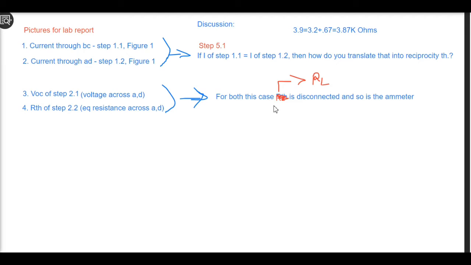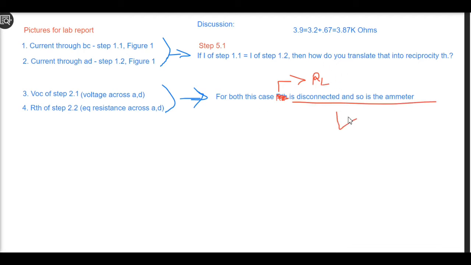It's just a way to calculate the current passing from one node to another, so the ammeter is out of the equation here. But the load, which is RL, is the terminal you have to focus on. While calculating and measuring VOC and RTH, you need to have your RL disconnected.